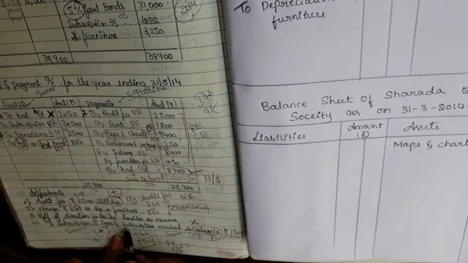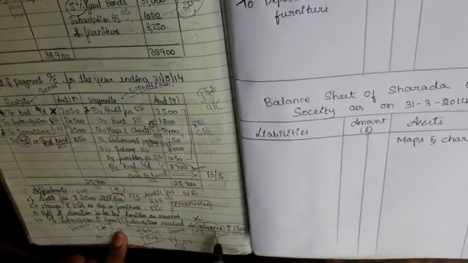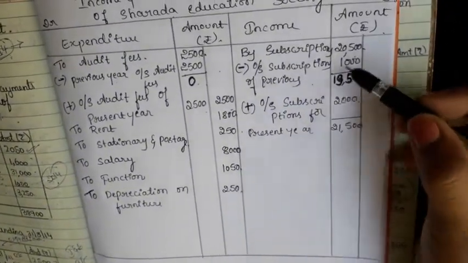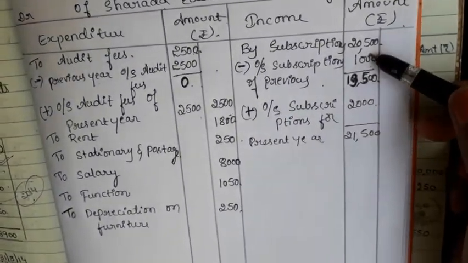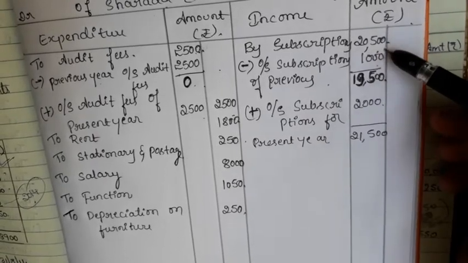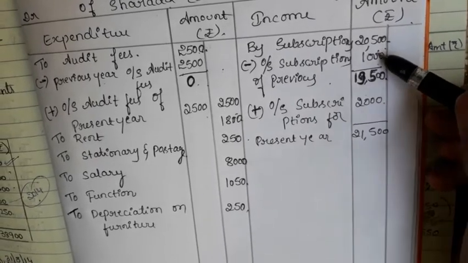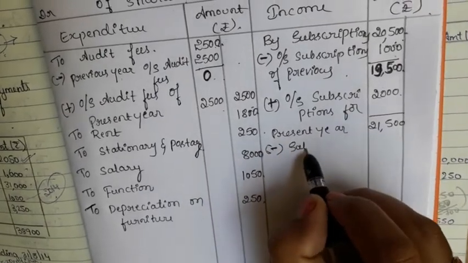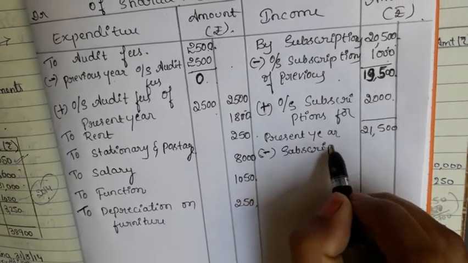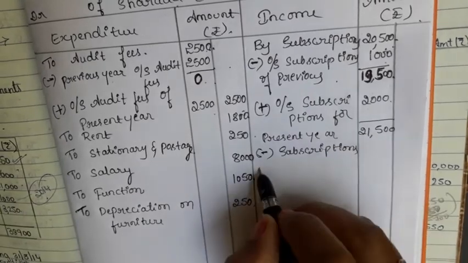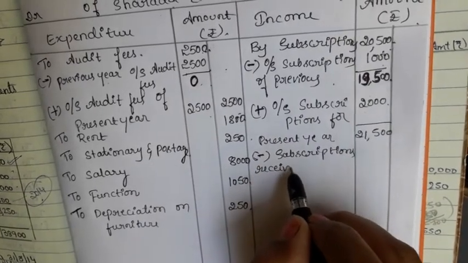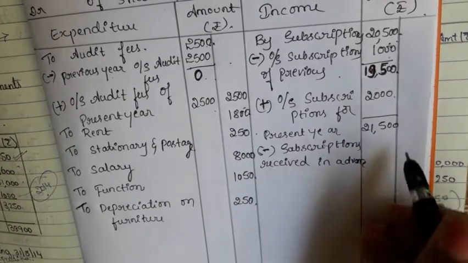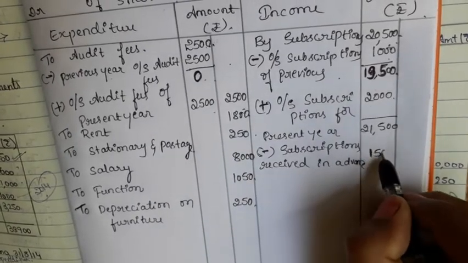This amount is not related to the present year, but in rupees 20,500 this advance amount is also included. So in order to identify the present year amount, the advance amount should be deducted, minus subscriptions received in advance rupees 1,500.